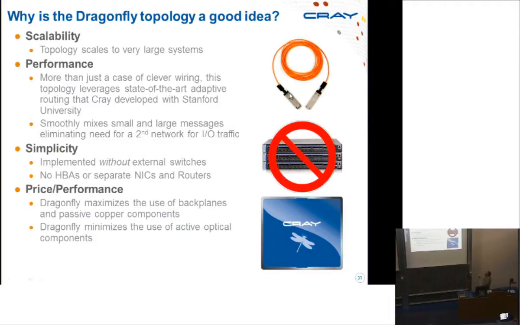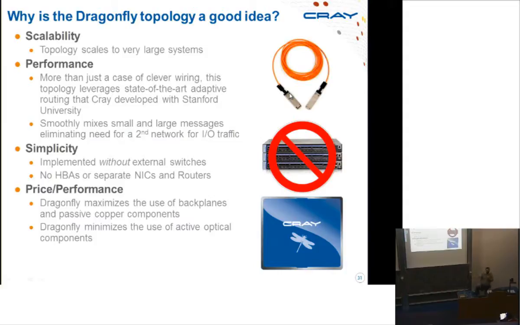The Cray Aries NIC and the router are actually doing quite a lot of adaptive routing, using algorithms that have been developed in conjunction with academia. And it's also designed to smoothly mix small and large messages. So very small, low latency messages can travel on the same network as high bandwidth transfers, say all-to-alls.